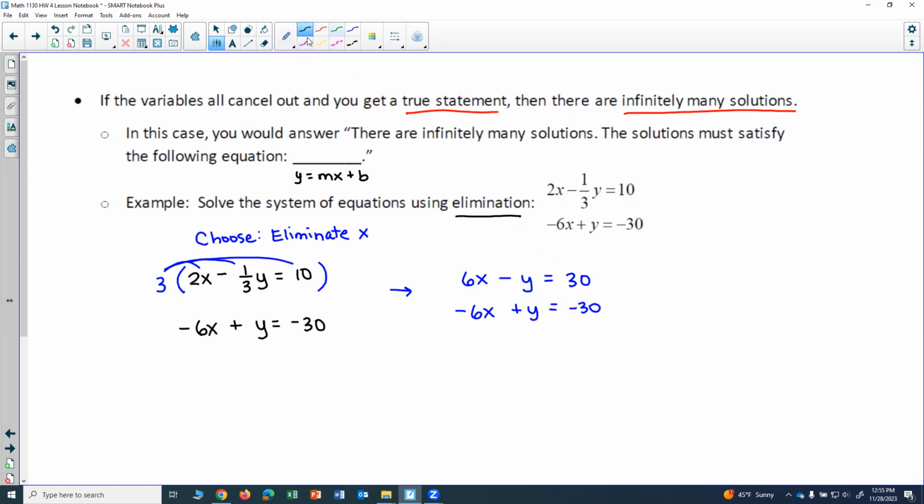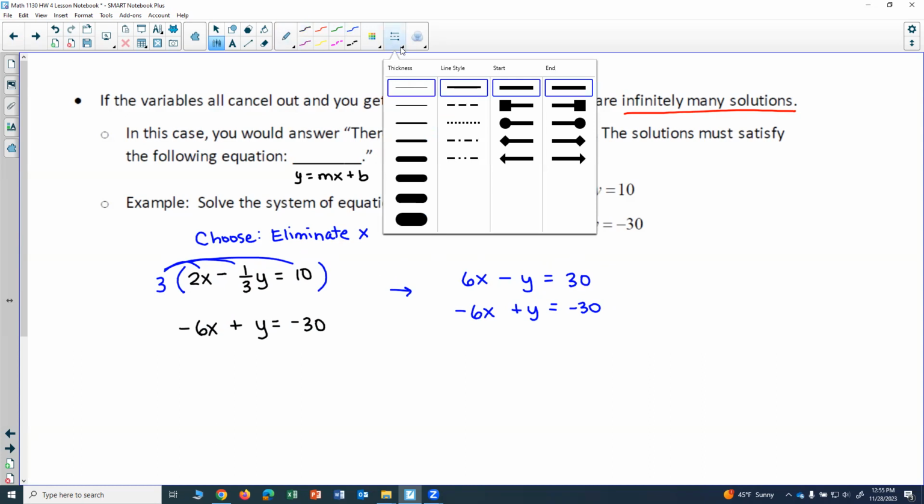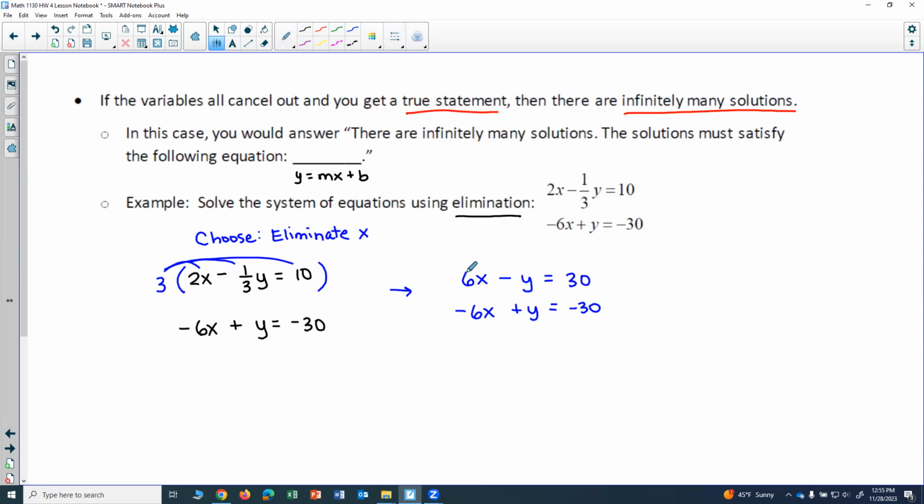Now check this out. Everything is opposite here. 6x minus 6x is 0. Negative y plus y is 0. And 30 minus 30 is 0. So I get 0 equals 0. So all the variables went away.